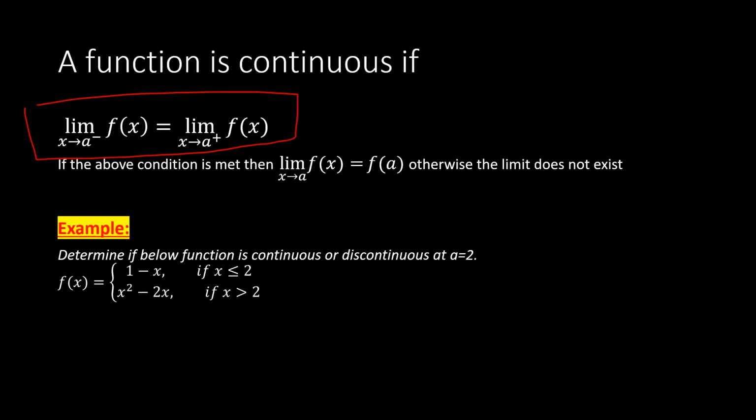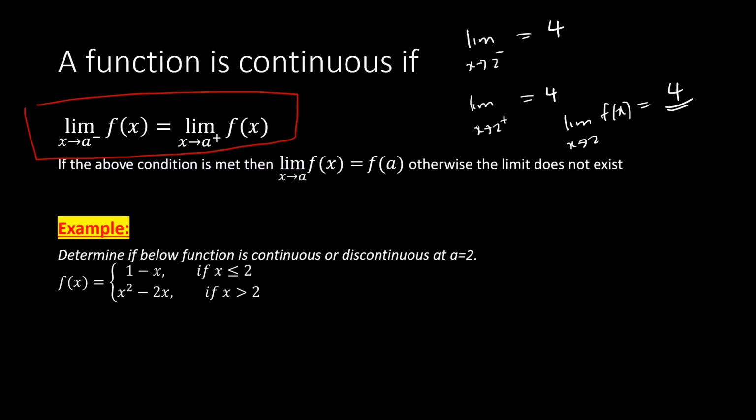For example, if I determine the limit as x approaches 2 from the negative side, my answer is 4. Then I determine the limit as x approaches 2 from the right side, and my answer is also 4. So the limit of x approaching 2 is 4.